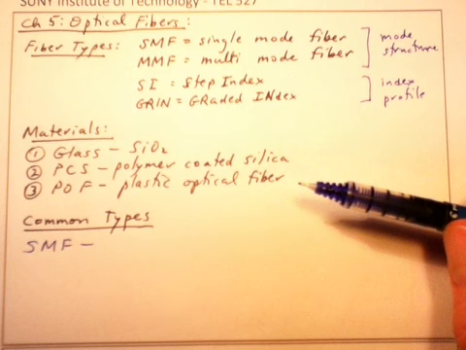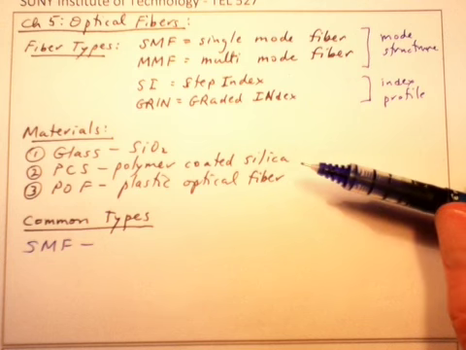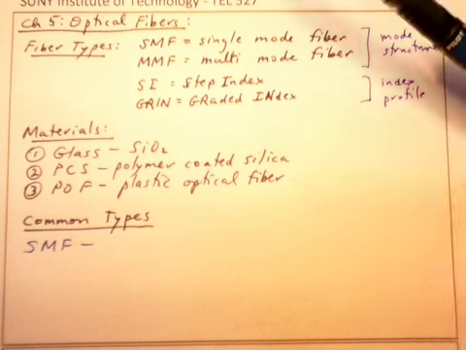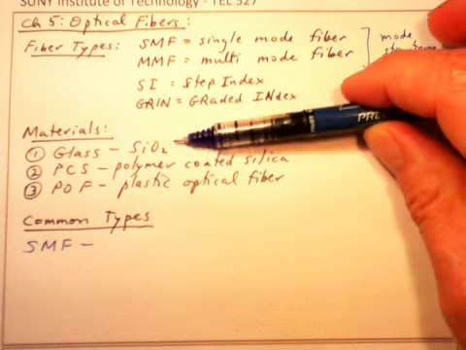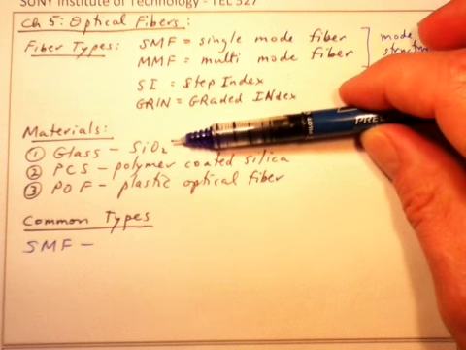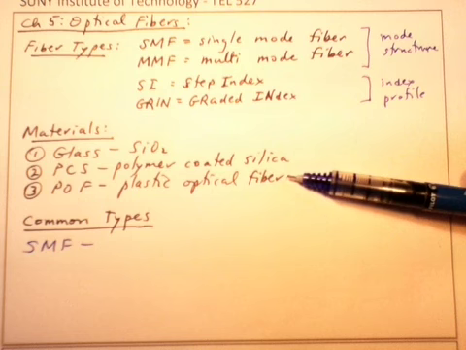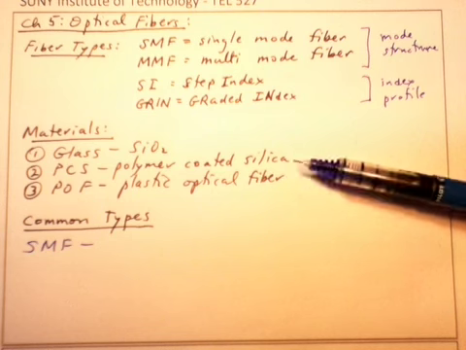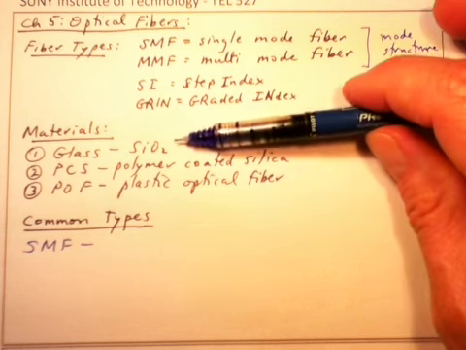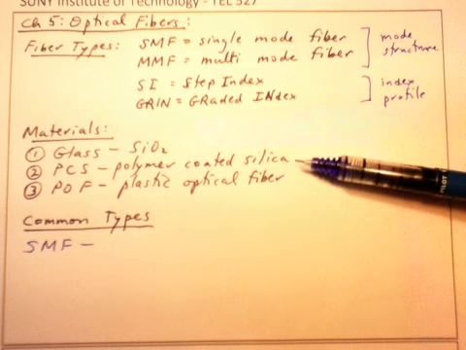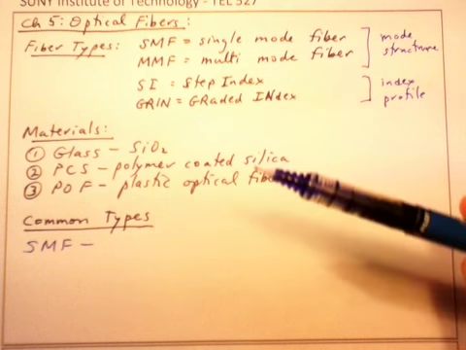It turns out the index deltas tend to be on the order of 1 to 2% in glass fibers, whereas the index deltas for plastic optical fibers turn out to be 4 or 5%, much larger. In general, glass fibers have much lower loss than plastic, and so are much more common.